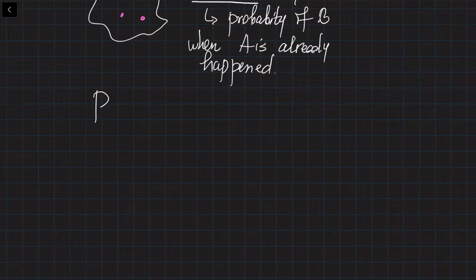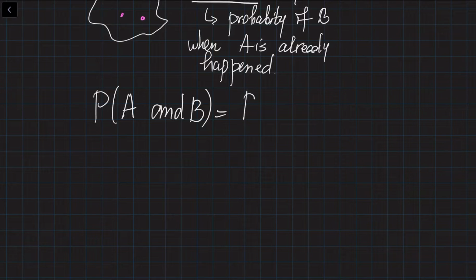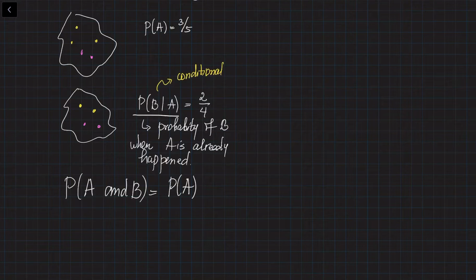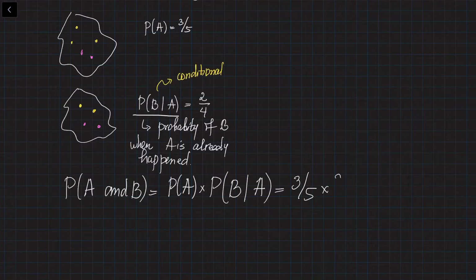So the probability of A and B is equal to the probability of A happening in the first trial, times the probability of choosing a pink ball in the second trial, given that in the first trial we have already chosen the yellow one. In this case, it's going to be equal to 3 over 5 times 2 over 4. So this is going to be equal to 6 over 20.